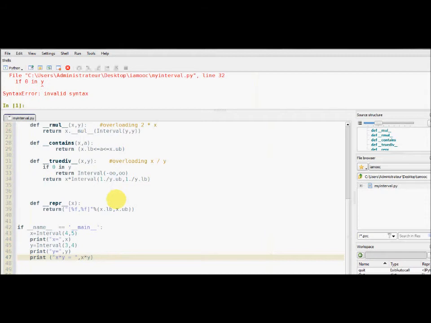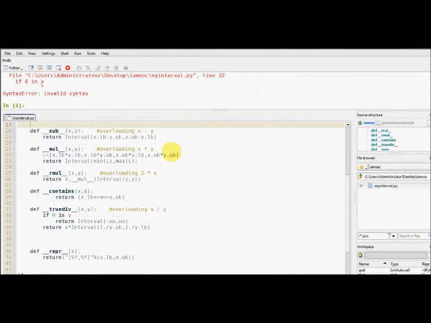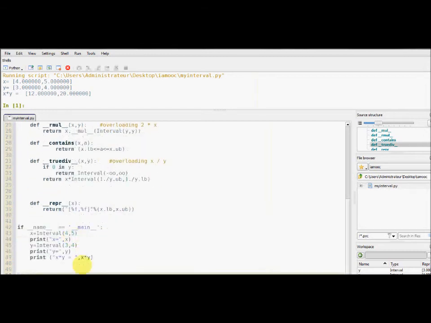If 0 in y, of course, this. So the multiplication is okay. And what about the division?